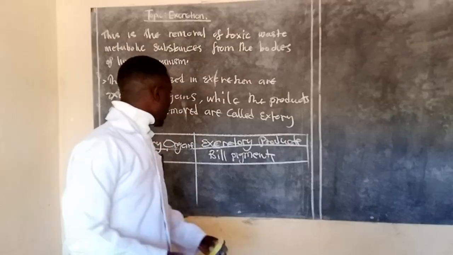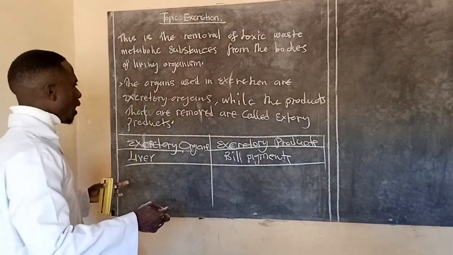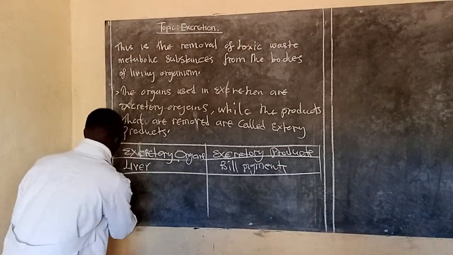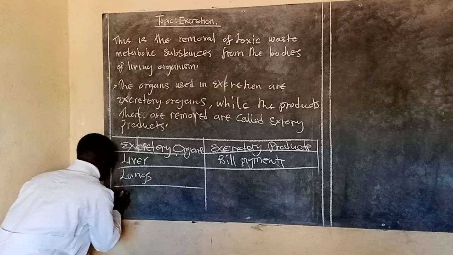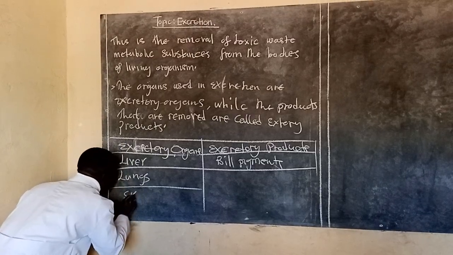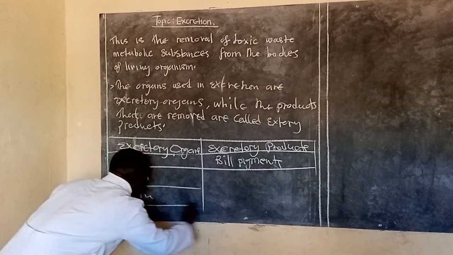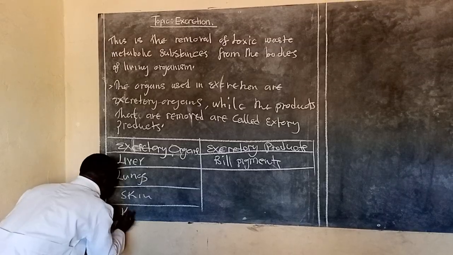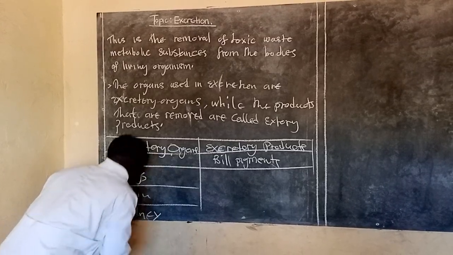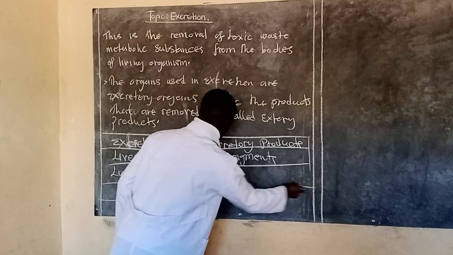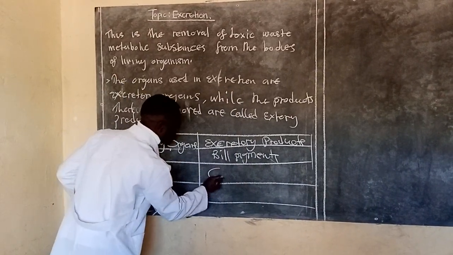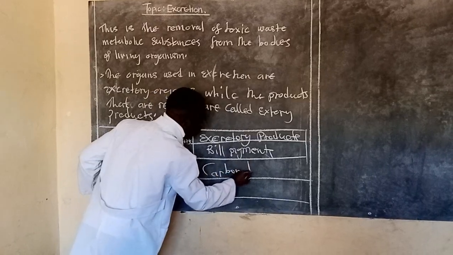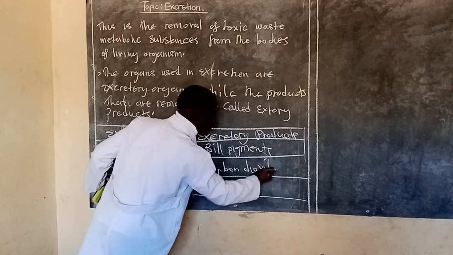Number 2, we have the lungs. We have the skin, and we have the kidney. These are the organs used in excretion. The lungs excrete carbon dioxide.